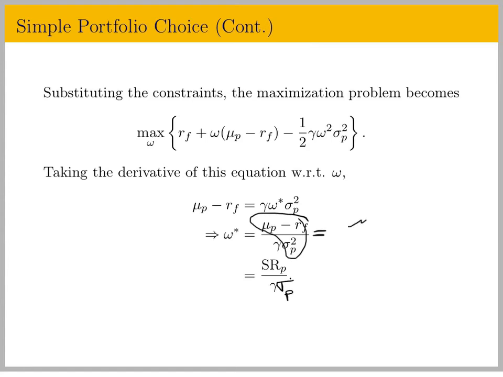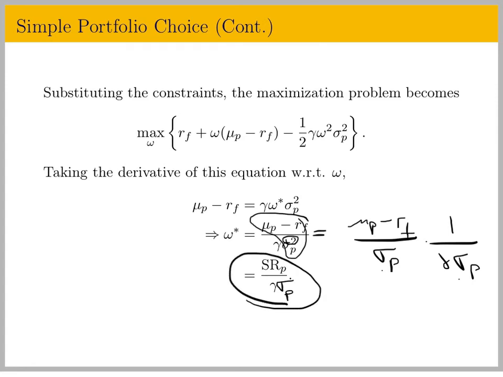This is because the Sharpe ratio is equal to the risk premium over sigma p. There's a sigma p squared in the denominator, so that's actually equal to 1 over gamma sigma p, where 1 sigma p and 2 sigma p's multiplied make the squared right there. And so in fact what we have is the Sharpe ratio over gamma sigma p.